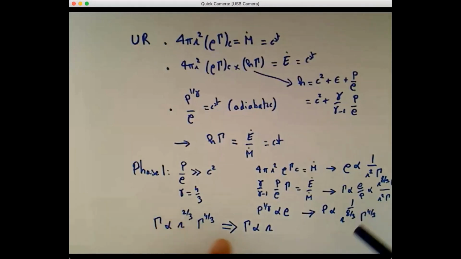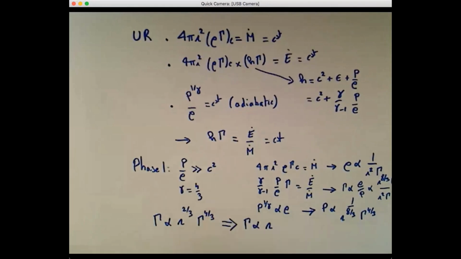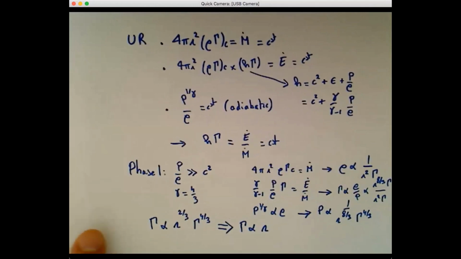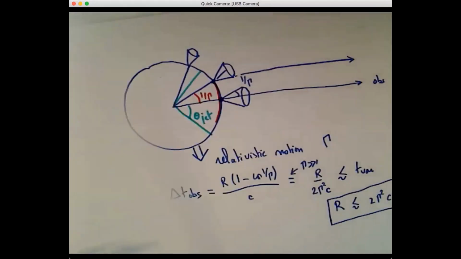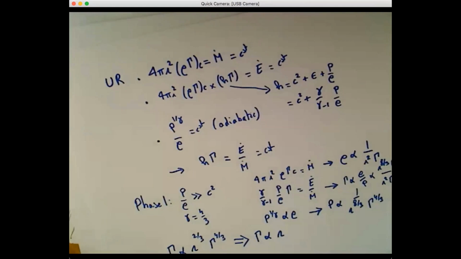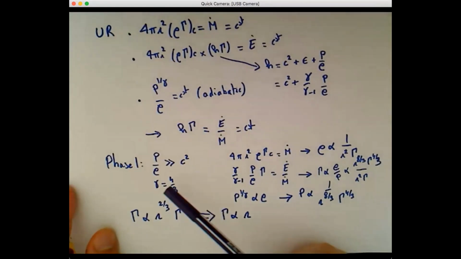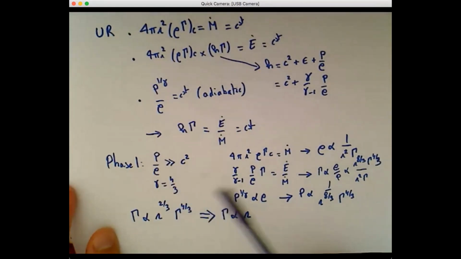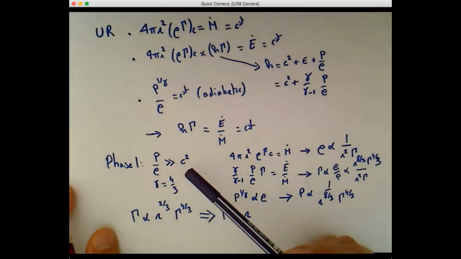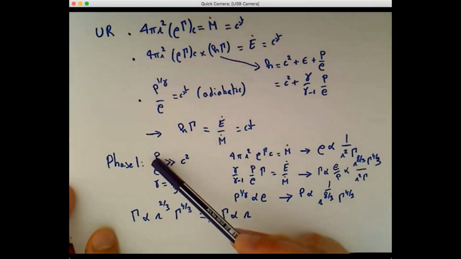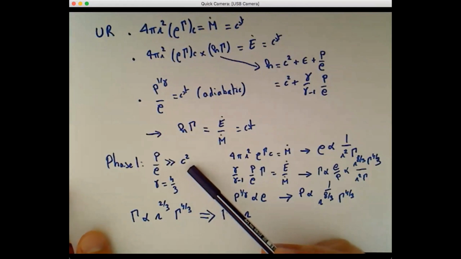In this case, the density is decreasing due to the spherical expansion, like 1 over R cubed. So this is my first phase, my phase of acceleration. Then, because of the decrease of density and of pressure, it's easy to show from this relation that this quantity is decreasing, and at some point it will become smaller than c squared.